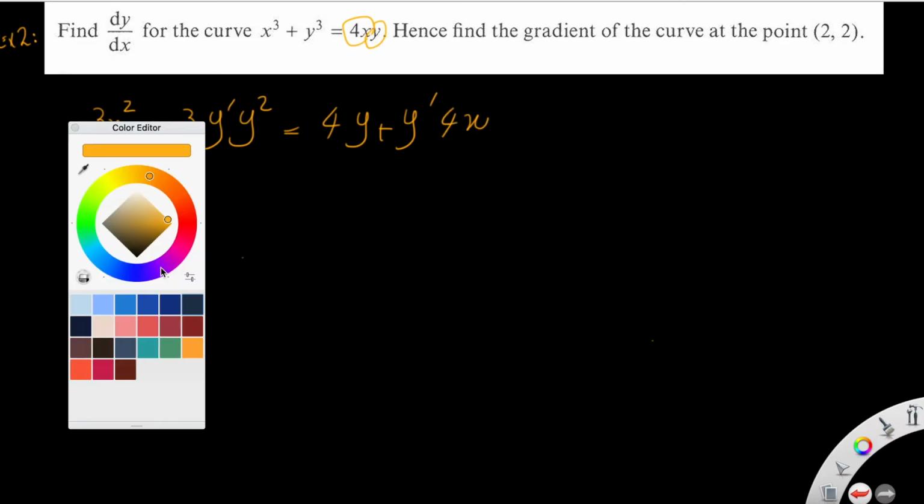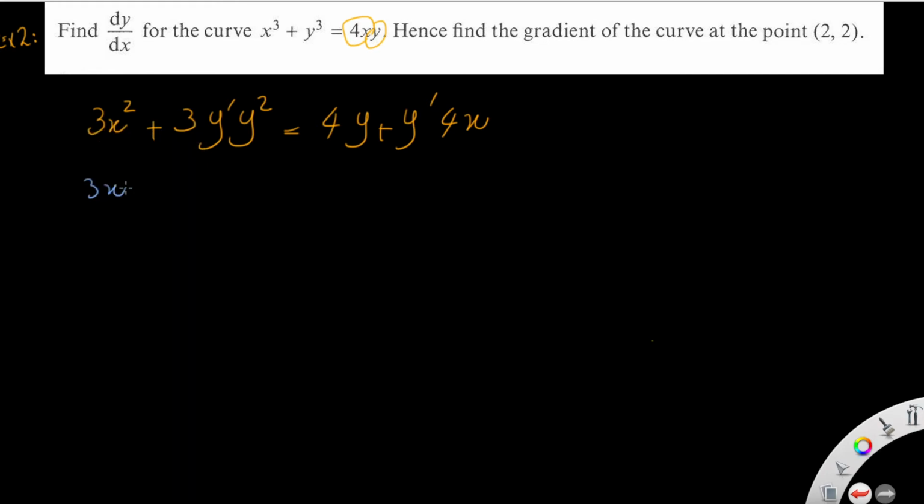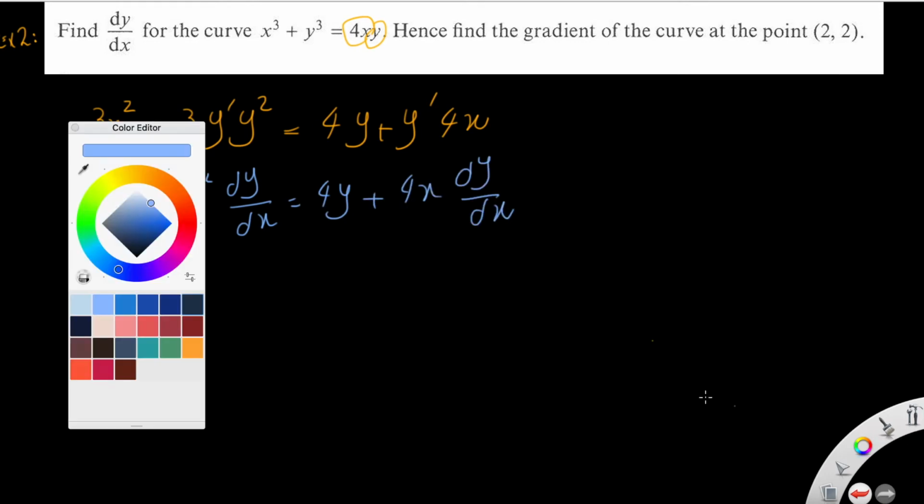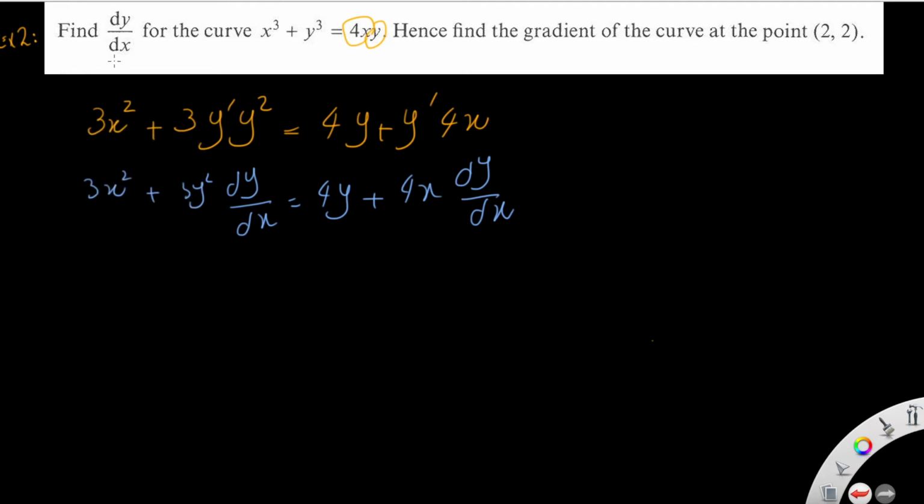So it will be 3x squared plus 3y squared, instead of y prime, I write dy dx, is equal to 4y plus 4x dy dx. As it wants you to find dy dx, I need to make it the subject.